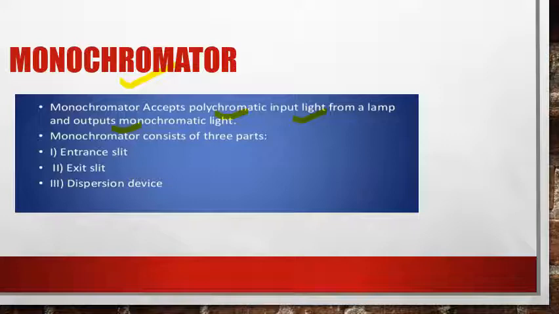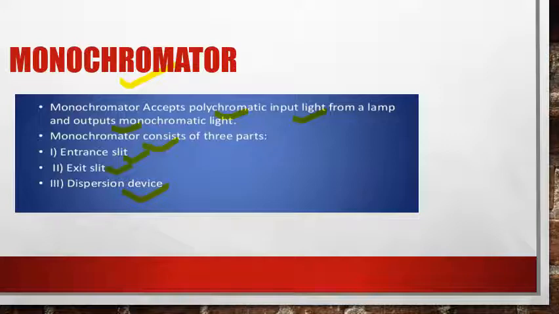So at a time only one type of radiation of a particular wavelength is passed to the sample. Monochromator consists of three parts: the entrance slit from which the polychromatic light comes in, the exit slit, and the dispersion device which converts the polychromatic to the monochromatic.